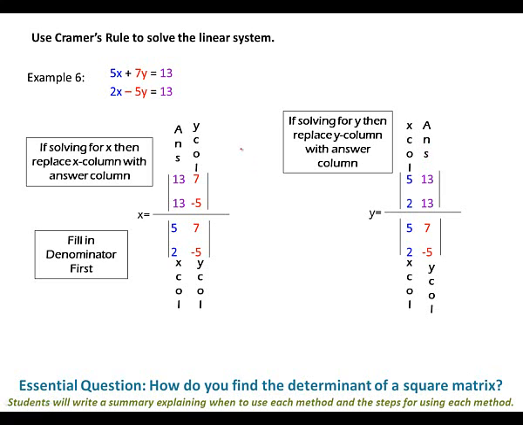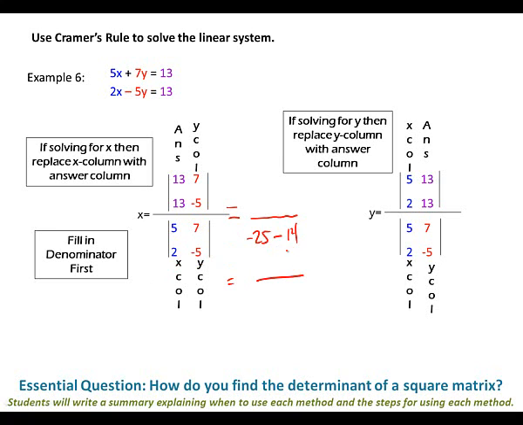Now we're going to actually solve these. I always do the denominator first, because if the denominator is 0, then I know I'm done and I'm not going to do all the rest of that work. So what's 5 times -5? -25. Then we subtract what's 7 times 2? 14. So it's definitely not 0.